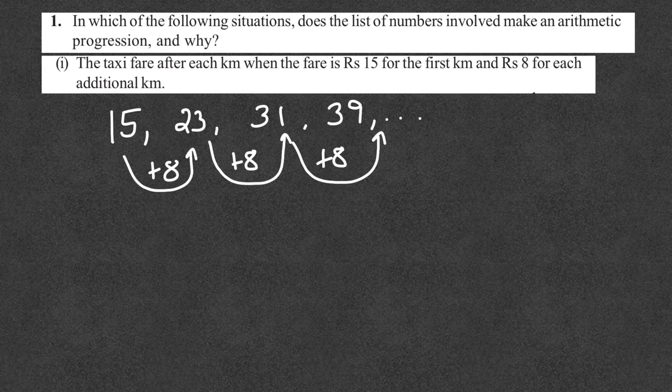So the series that we got is 15, 23, 31, 39 and so on. Is this an arithmetic progression? Yes, it is an arithmetic progression. What is the first term over here? It's 15. What is the common difference over here? It's 8. So this forms an arithmetic progression.